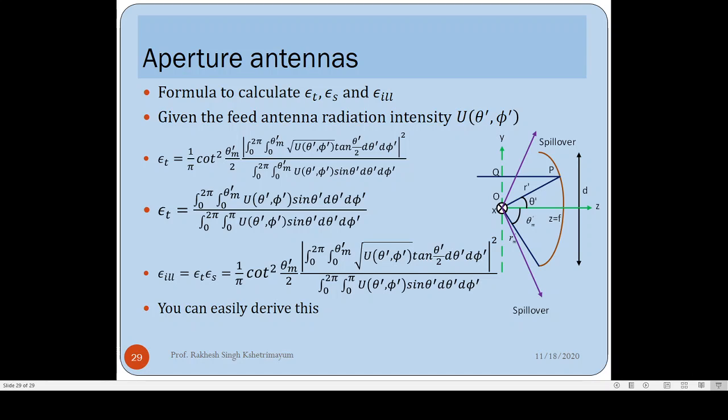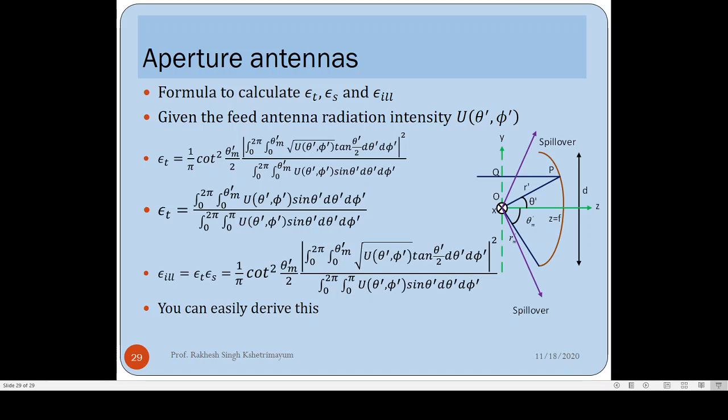You also have another efficiency, which is called achievement efficiency, and it has five terms. The first is surface roughness, due to the change in the design of the parabolic reflector antenna. Then we have cross polarization efficiency, depending on whether the feed antenna has a cross polar component or not.